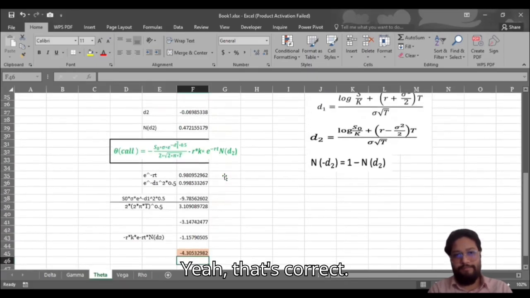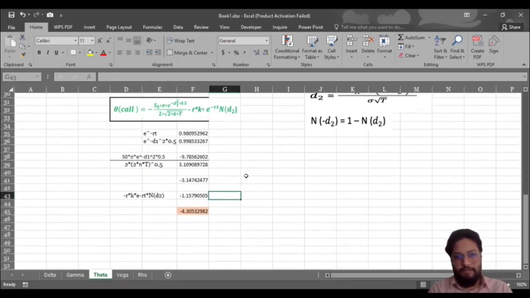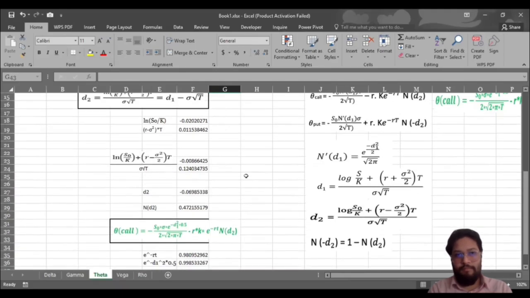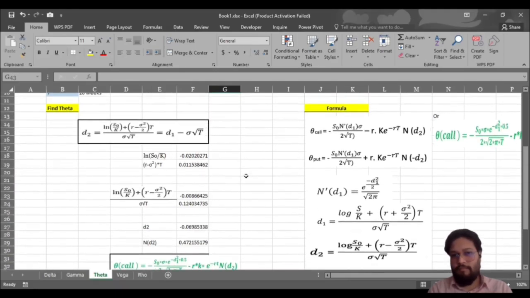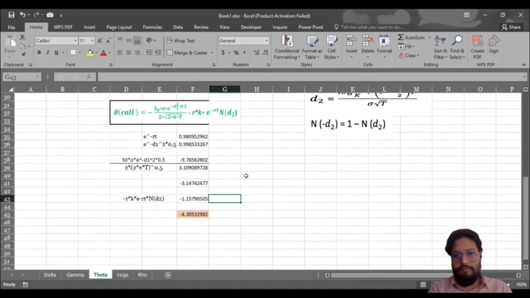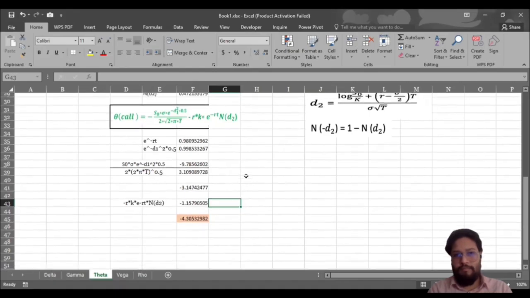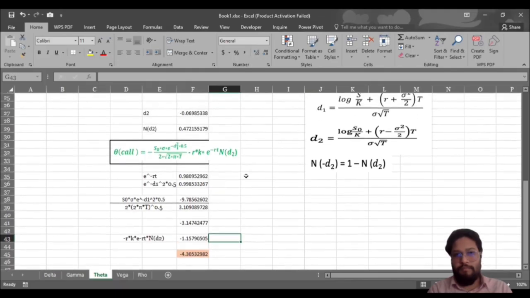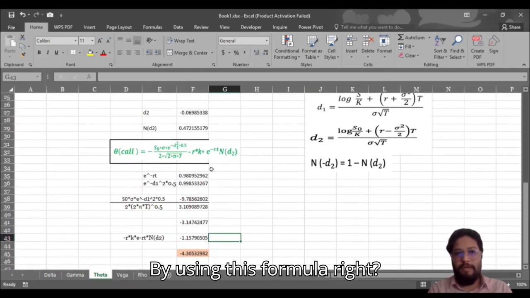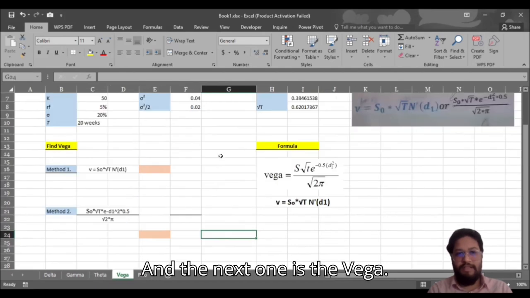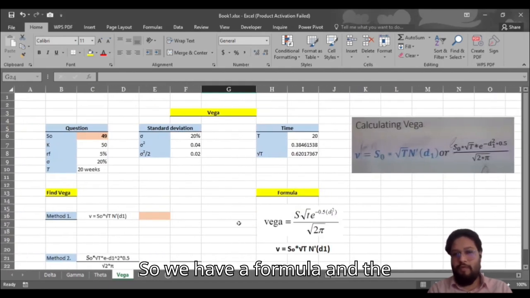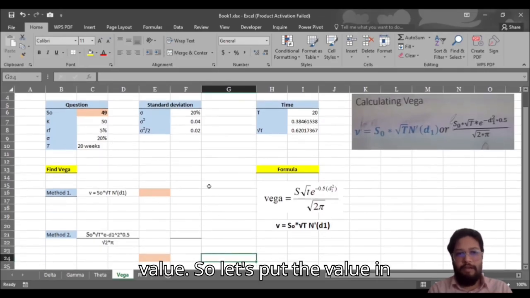Yeah, that's correct, by using this formula, right? And the next one is Vega. So we have a formula and values. So let's put the values in the formula.